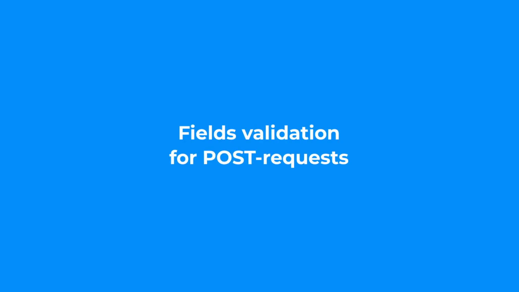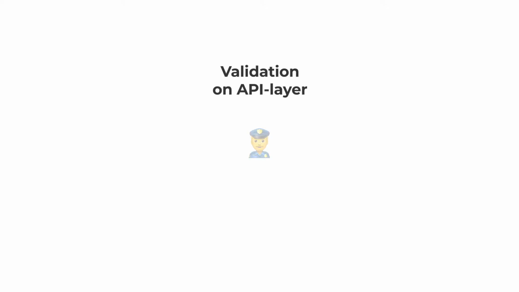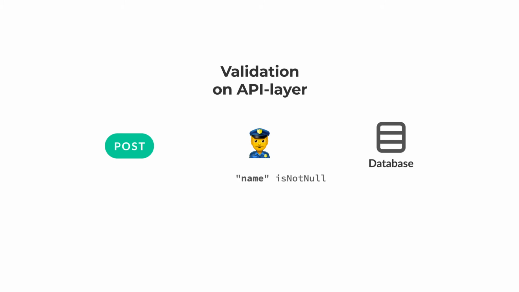Fields validation for POST requests. There can be rules for validating incoming data. For example, that an object field should never be null, or that another field value should be more than 21. It's good practice for the API layer to validate data on the go and respond with an exception if validation fails.